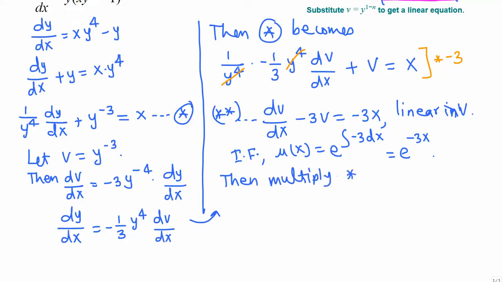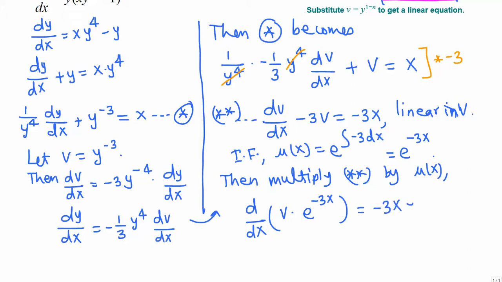The left hand side becomes the derivative of the dependent variable v times the integrating factor e to the negative 3x. On the right hand side, let's multiply negative 3x by e to the negative 3x.